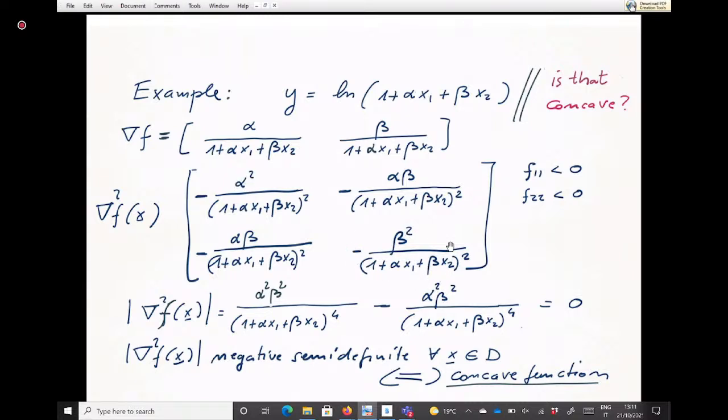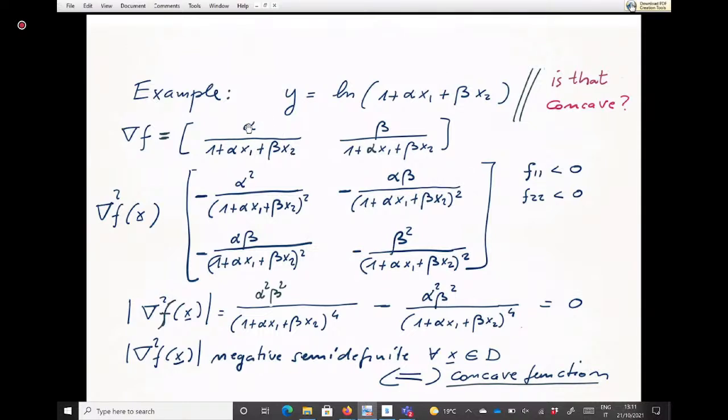For the other corner, you have the pure second derivative with respect to x2, which is similar to this one in structure. It is minus beta squared over 1 plus alpha x1 plus beta x2 squared. What about the mixed derivatives? It means compute the derivative of this one with respect to x2.